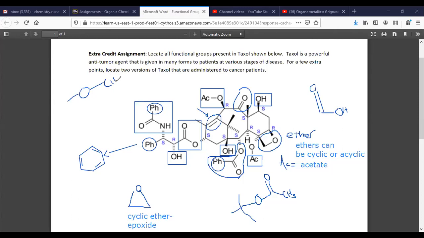So I've got a CH3 on each side, or some carbon-containing group on each side. That's an ether. And an ester is actually a carbonyl functional group. So we've got a carbonyl here, and then I'm just gonna do OCH3.